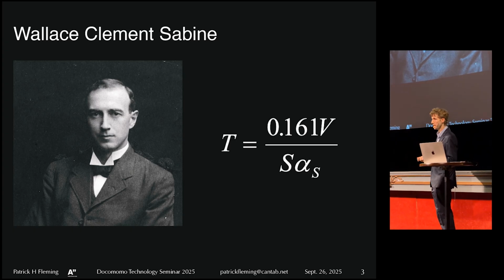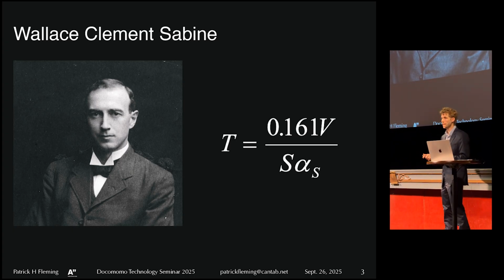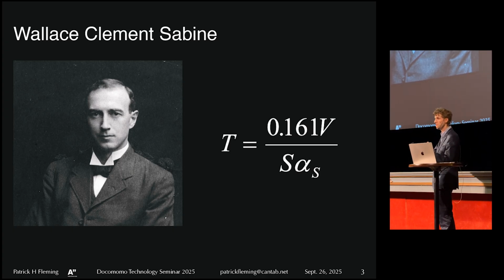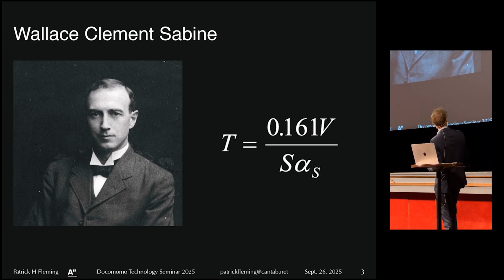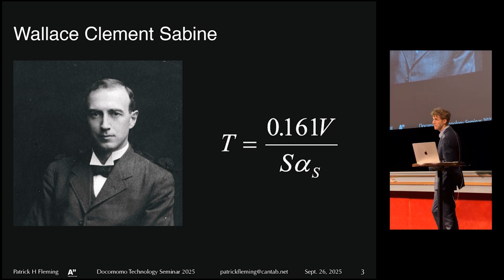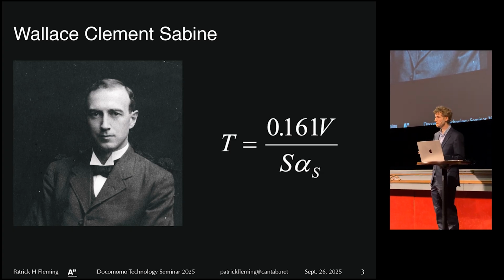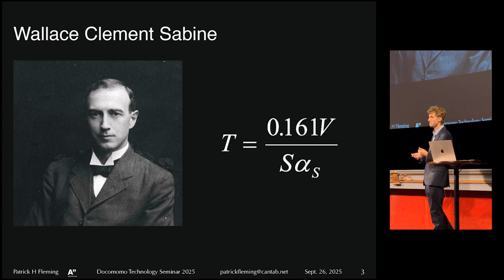So 0 is a perfectly reflective material, 1 is a perfectly absorptive material. Straightforwardly, if we have a larger volume, then we're going to have a larger reverberation time, longer echoes. If we have more surface area that is more absorptive, this term becomes bigger and then the time goes down.